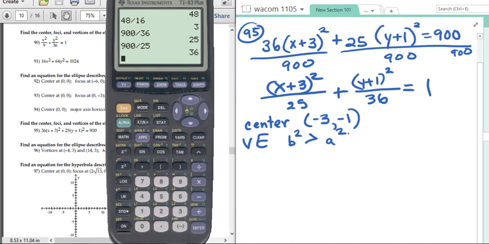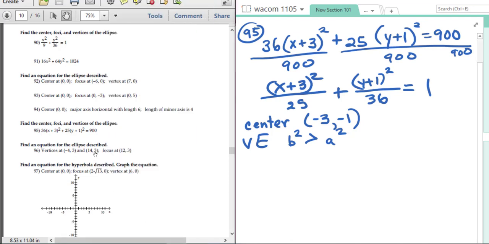Right, what else did they ask me to give? 95. So find the center, we did. The foci and the vertices. The vertices are going to be on your y-axis this time, and they are going to add to your vertical component. The b is 6.